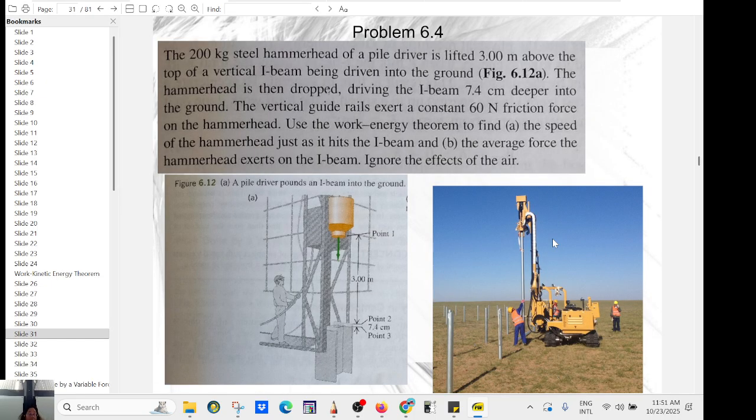Okay, so this one comes from your book. You have to buckle up. This one is a little bit challenging. It makes sense for engineers, right? You can think of it as using potential energy. That potential energy goes into kinetic energy.